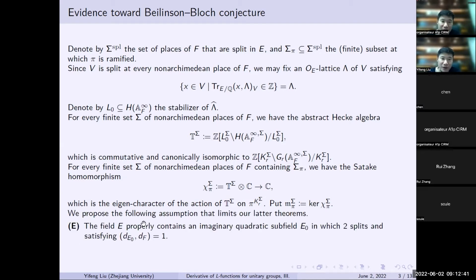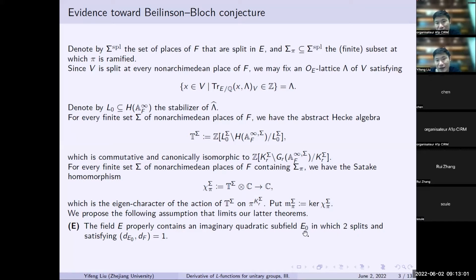Okay, so we need to state an assumption that restricts our results. So we propose the following assumption that limits our later theorems. The assumption I call E because it concerns the field E. The field E properly contains an imaginary quadratic subfield E0 in which 2 splits.